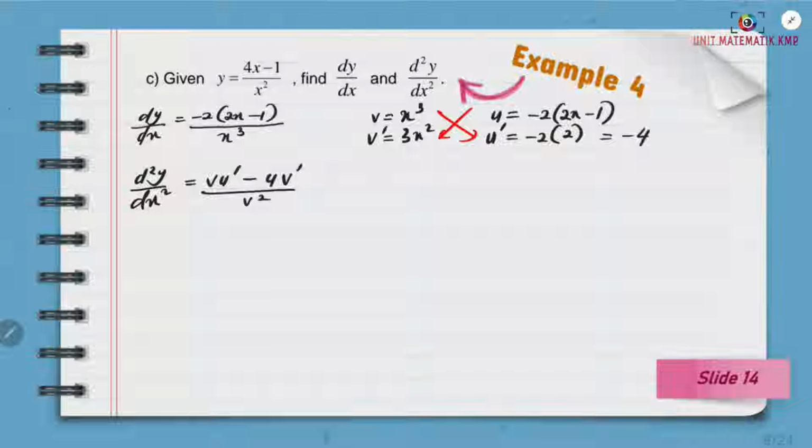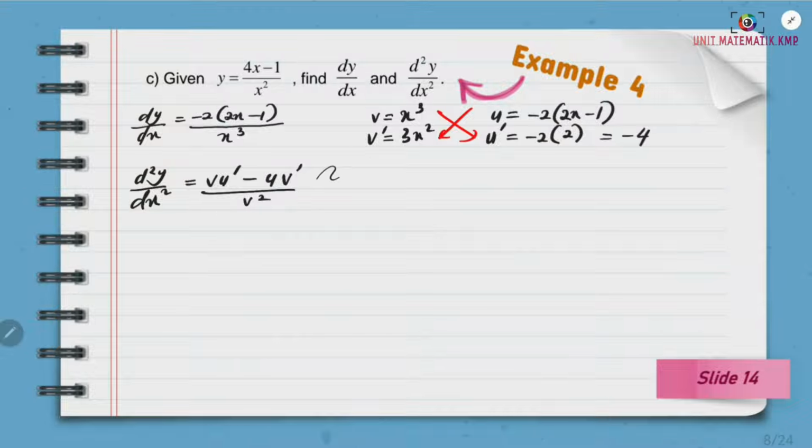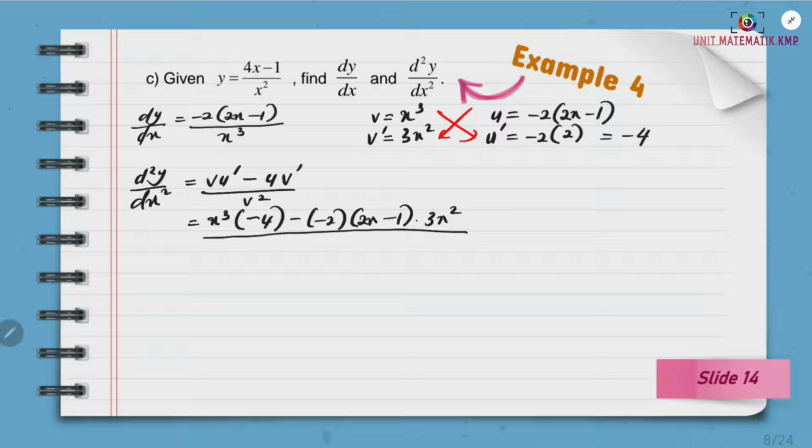Now, by using the quotient rule, we have x cubed times u prime, negative 4, minus u, negative 2 times (2x minus 1), times v prime, which is 3x squared, divided by v squared, x cubed squared.